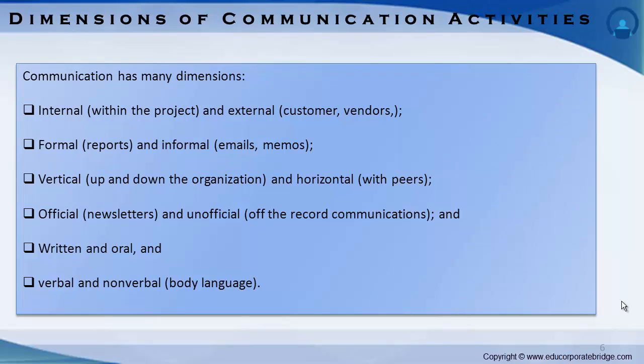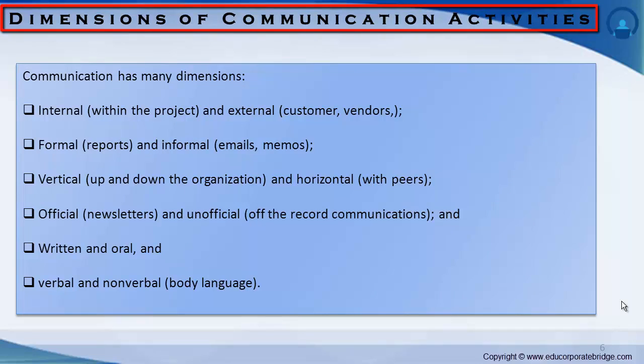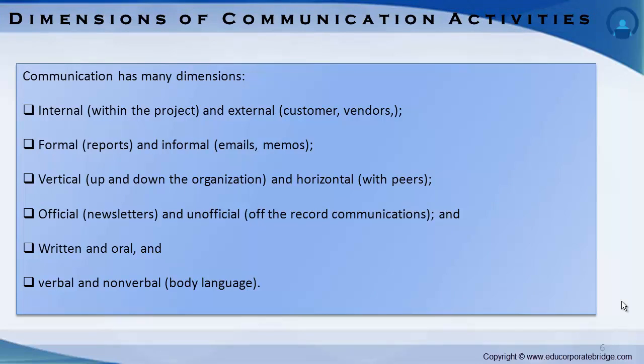Now, coming to dimensions of communication activities. Communication has several dimensions. These are internal and external. Internal is within the project team, and external is with customers and vendors. Formal and informal.